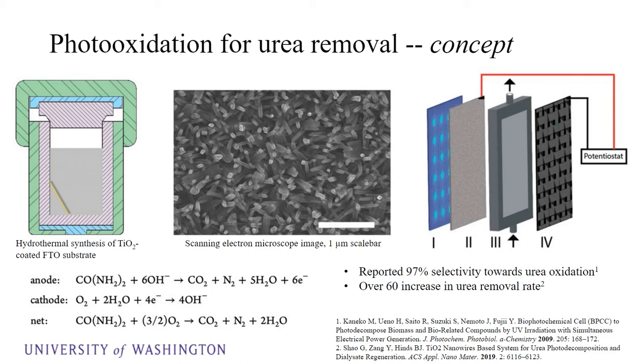So what happens on the anode is that urea is oxidized into carbon dioxide, nitrogen, and water. On the cathode, the oxygen from the air is used to complete that reaction. So the total reaction becomes urea plus oxygen going completely into carbon dioxide, nitrogen, and water.